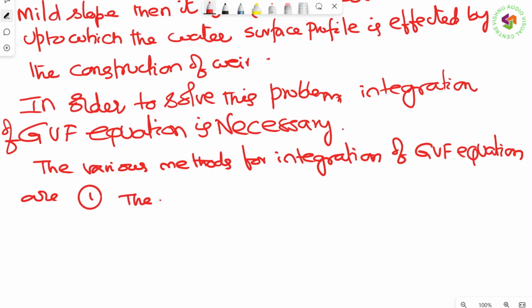The first is the step method, which we generally use. The second method is basically graphical integration method.